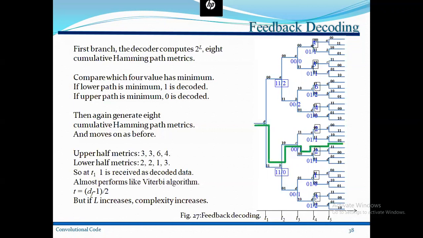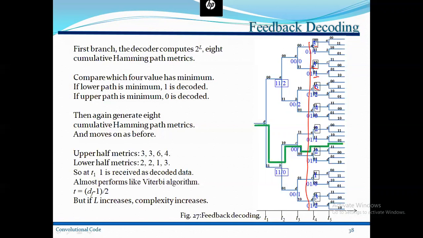We have the first block started, terminating at this point, T4 time. And we calculate the path distance of every path. The upper block has 4, 3, 3, 1, and 6.